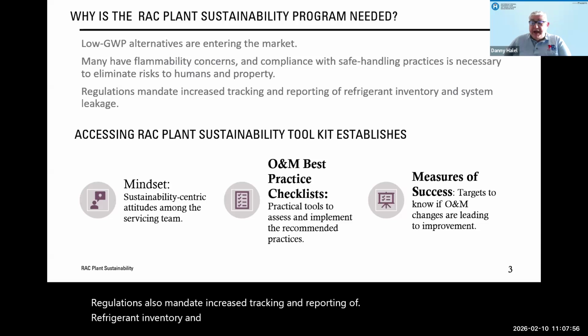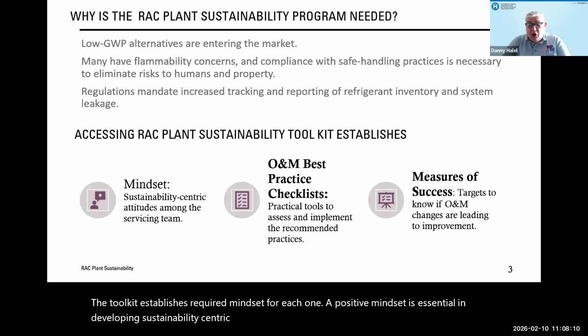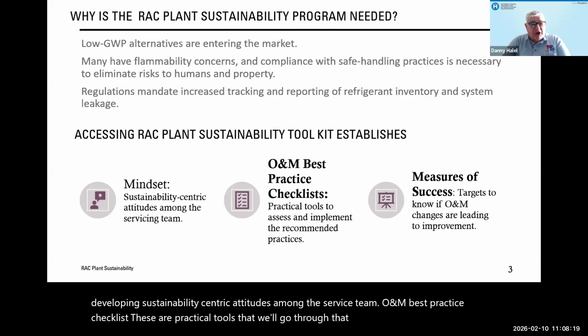The RAC guide, the toolkit, establishes a required mindset for each one. A positive mindset is essential when developing sustainability-centric attitudes among the service team. Then there are the O&M best practice checklists. These are practical tools that we'll go through that will help implement the required and recommended practices.